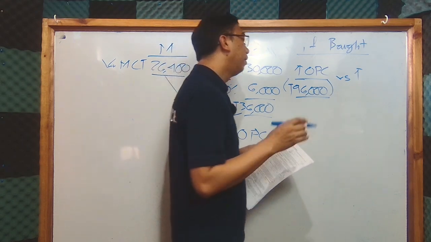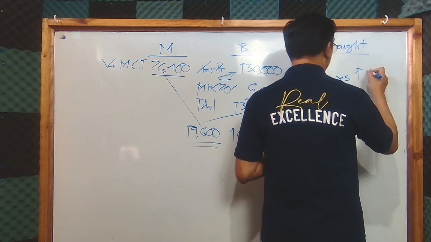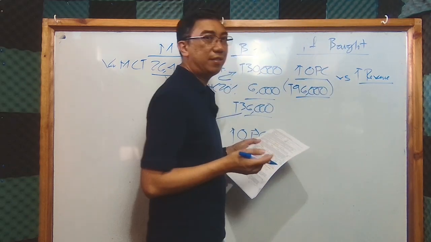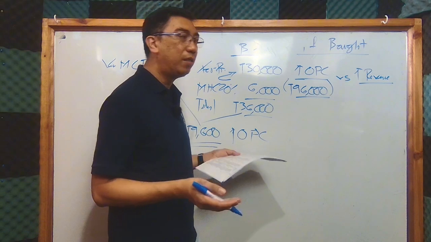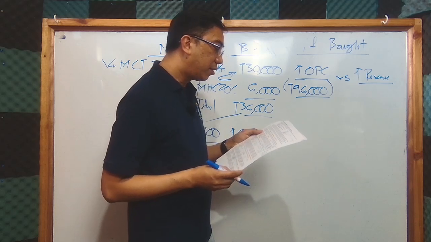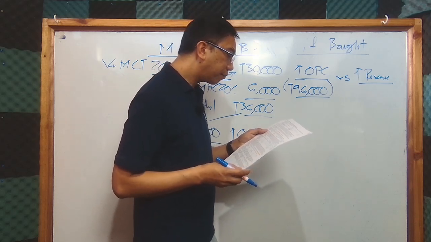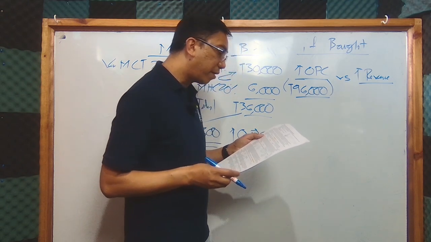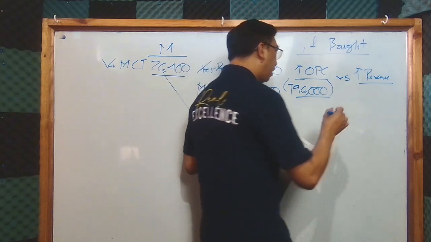Incremental cost yan. Versus incremental revenue. Or this is the benefit, cost-benefit analysis. If the company decided to buy with this possible alternative. So class, pwede daw niyang iparent or produce another product, at 104,000 na revenues.